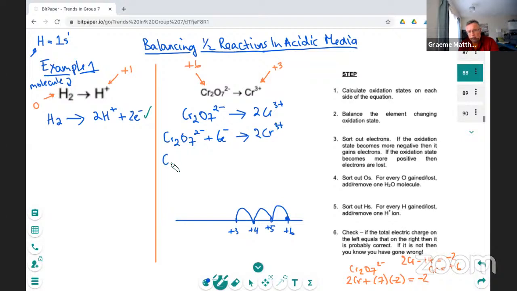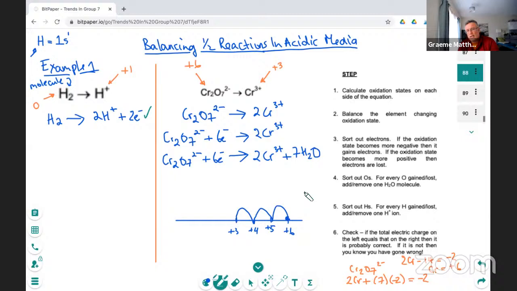So I've got Cr2O7 2- plus 6 electrons goes to 2 chromium 3+, and I need to add 7 waters to this side to balance out the oxygens, right? 7 oxygens here, 7 oxygens on this side.